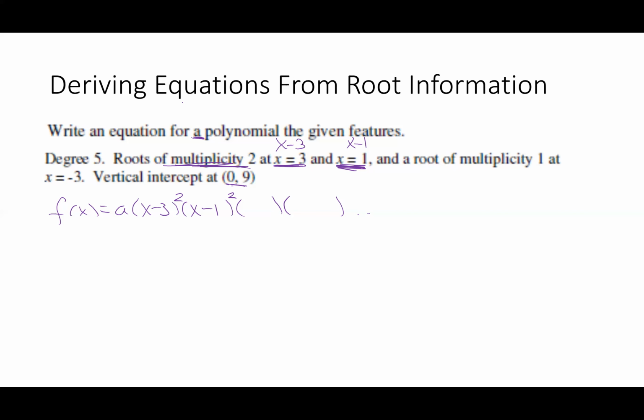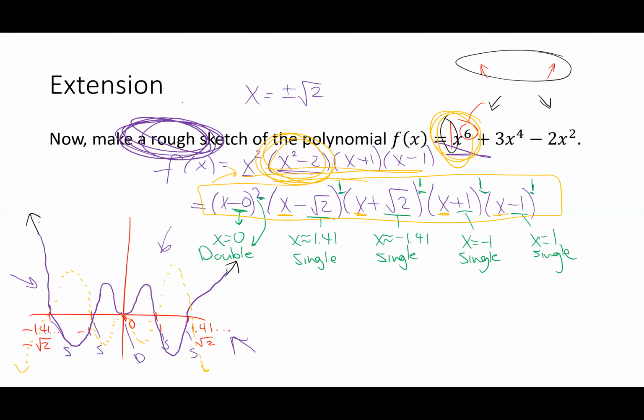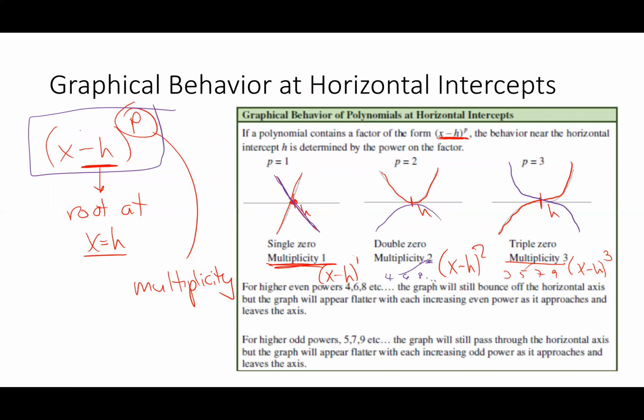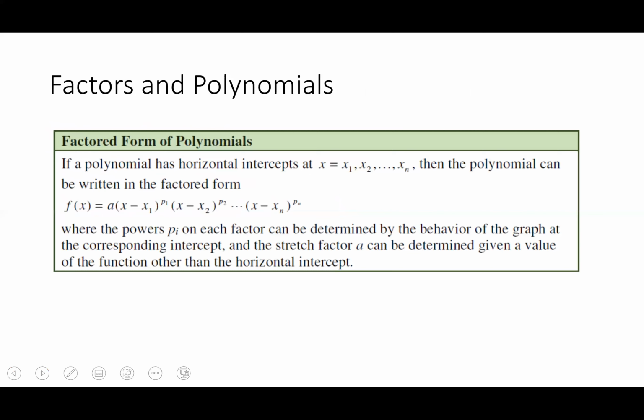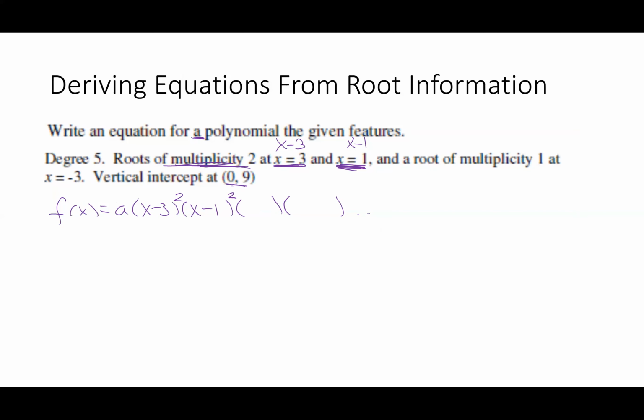If I've got x minus h, I've got a root at x equals h. So I'm going backwards. I'm telling you that at x equals 3, I've got a root, so I have to have a factor of x minus 3. Here I've got x equals 1, so I have to have a factor of x minus 1.